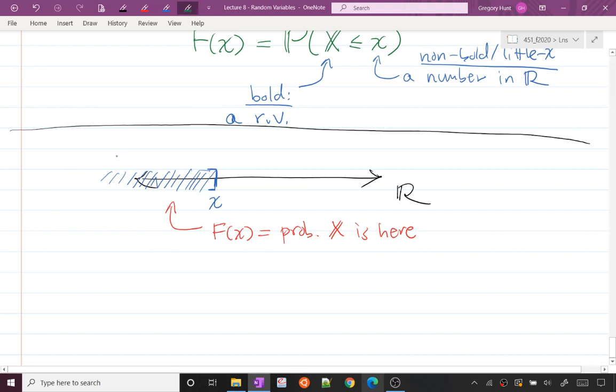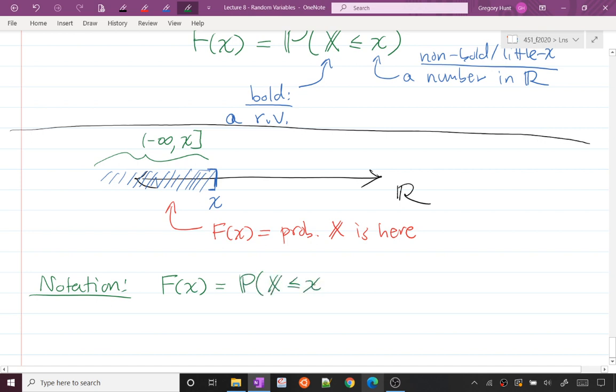So this set here, we can of course denote as negative infinity to x. It includes little x, it doesn't include negative infinity. And so my notation here, when I write capital F for my CDF of little x, just a number, is the probability that random variable x is less than or equal to little x, right? What do I mean by saying the random variable x is less than or equal to little x?